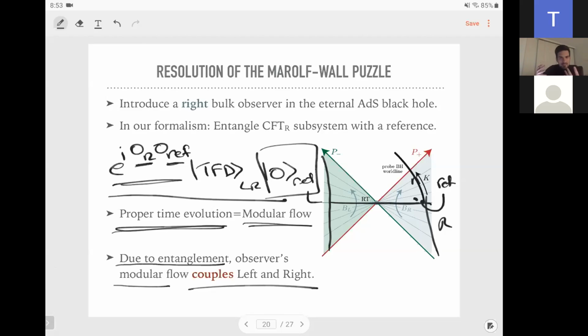So in this sense, I would say that this set of rules does not suffer from this commutator puzzle, this Marolf-Wall puzzle that I described in the beginning. Simply because if you now take this atmosphere operator and evolve it with this modular flow, it eventually becomes a two-sided operator, and there is absolutely no puzzle about why you can receive signals from the other side.